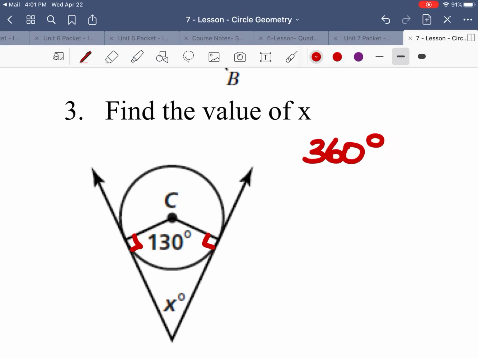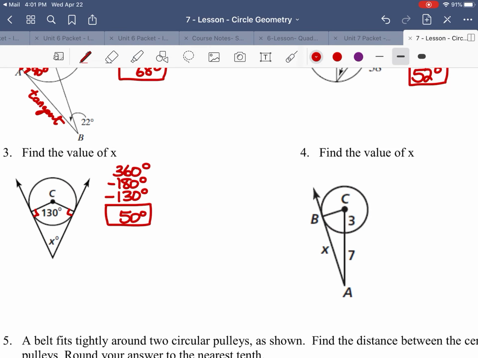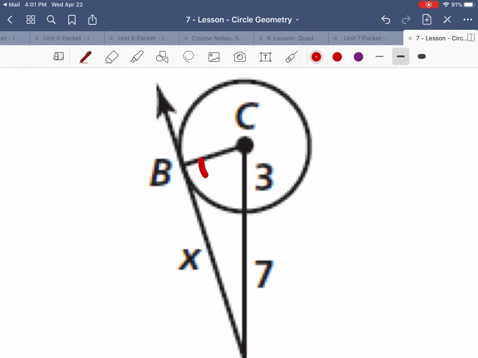So if I want that X angle there, I'm looking at 360 degrees minus 180, those are the two 90-degree angles, minus another 130. 360 minus 180 is 180. 180 minus 130 is going to be 50 degrees. So even a fairly complicated looking diagram ends up not being that terrible.